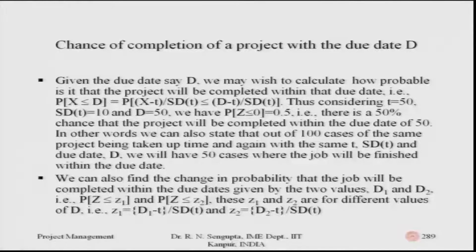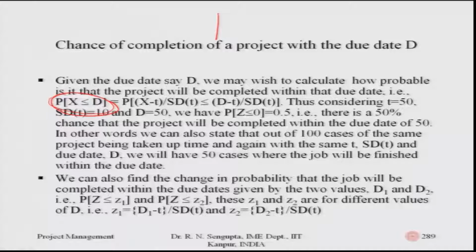Now, the chance of completion of a project within the due date. So, due date is D. Given the due date D, we may wish to calculate how probable, in a probabilistic or non-deterministic sense, it is that the project will be completed within that due date. This is very important.